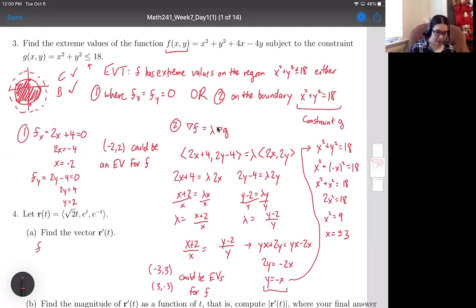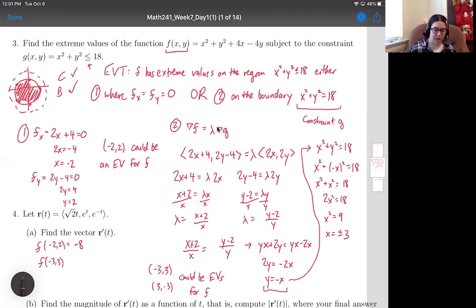So I'm going to find f of negative 2, 2, which is negative 2 squared is 4, plus 2 squared is 4, plus 4 is 8, plus 4 times negative 2 is going to be minus 8, minus 4 times 2 is going to be negative 8. Now let me plug in negative 3, 3.